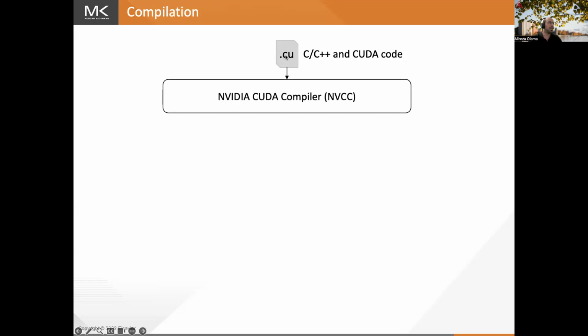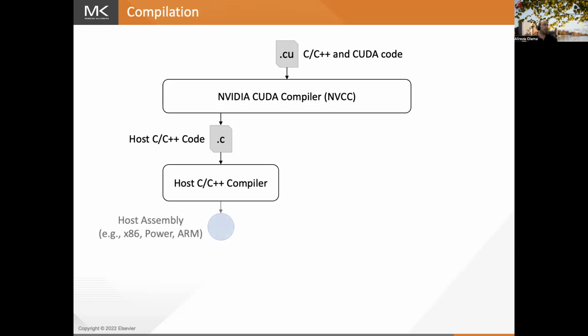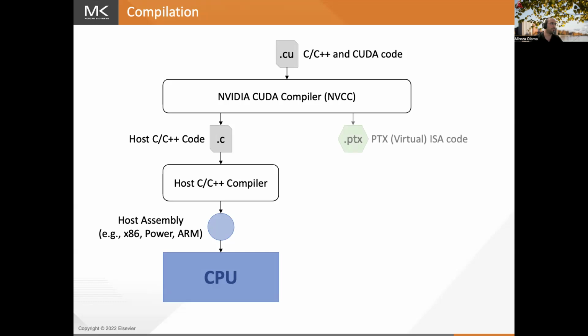All right. And then we talked about the compilation. So you usually write your CUDA and C++ code in a .cu file in the simplest case. Then you call NVIDIA CUDA compiler to compile your code. This compiler sends the C++ part of your code or C part of your code into a C compiler, and then you have the normal compilation flow, and then the compiler generates a binary that can be run on your CPU.